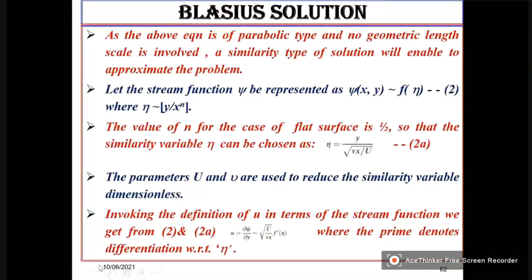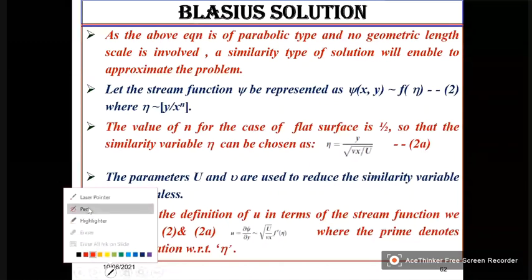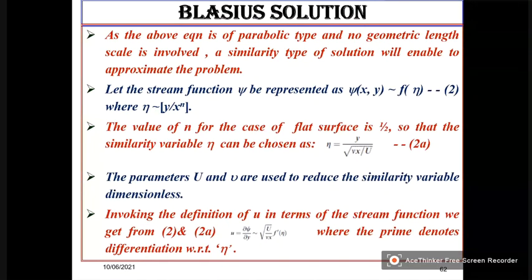Now you may ask me a question. How you got that? This n is equal to half. Already we have seen that delta is proportional to x to the power of minus half. Delta by x.